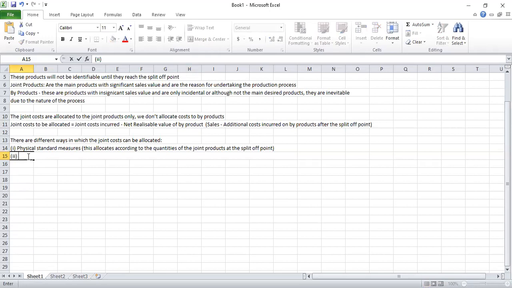We can also use the sales value at split off point.